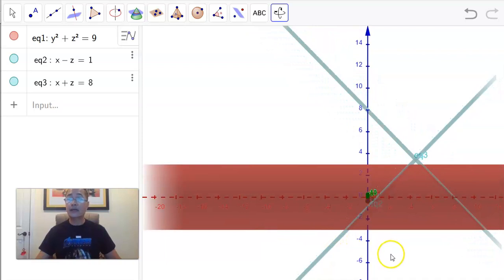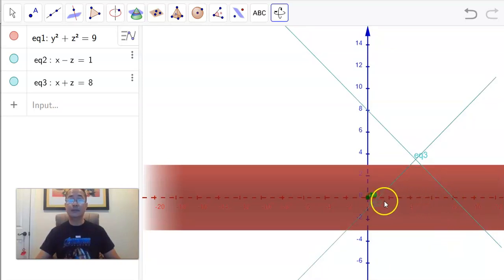If you look at it from the side view, make the Y disappear. Ooh, okay, that's your side view. One plane is going this way and the other plane is going that way.